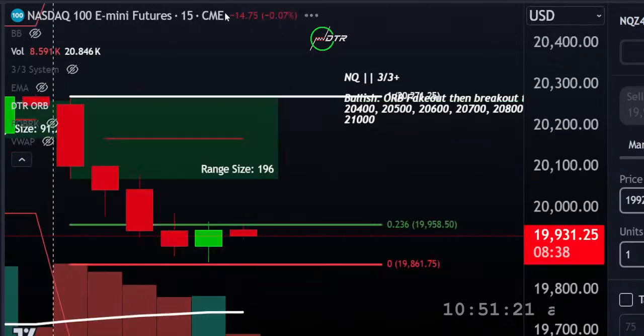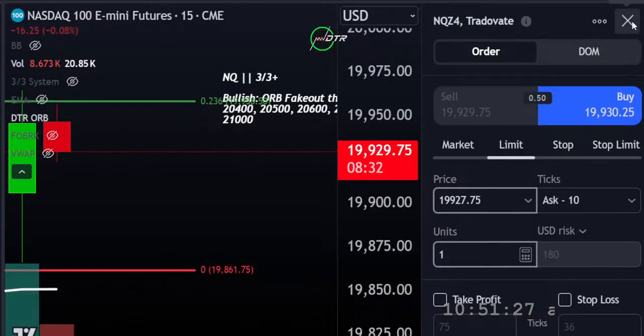Or at some point here, right, we get a high volume separation away. Hasn't happened yet.